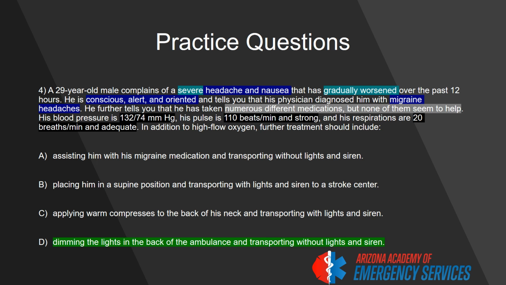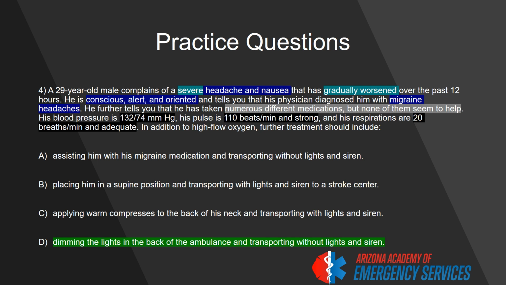So again, reading through the other answer options to make sure that they are in fact incorrect. Answer option A, assisting him with his migraine medication and transporting without lights and sirens. The last part of answer option A, without lights and sirens, we do like that. We talked about their photosensitivity, their sensitivity to light, and their sensitivity to loud noises.